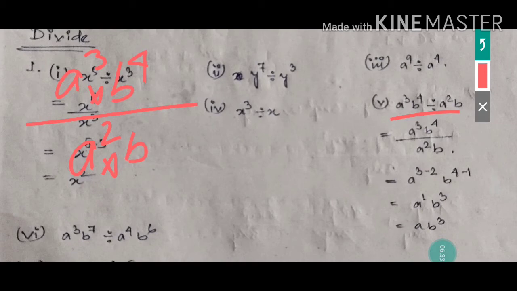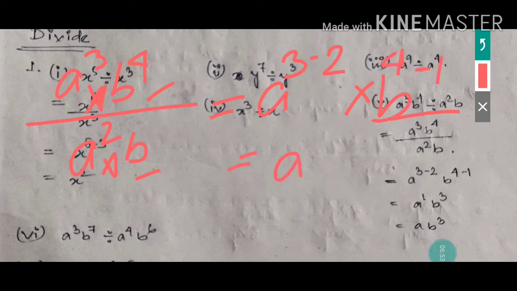But here multiplication is given, so I can write it as a cube by a square. That means I can apply the formula: base are same, powers are different, division is there, so it will be a power 3 minus 2, and for b, b power 4 minus 1, so it will be a into b cube. So the answer will be ab cube.